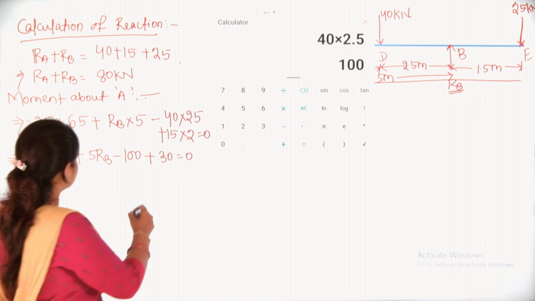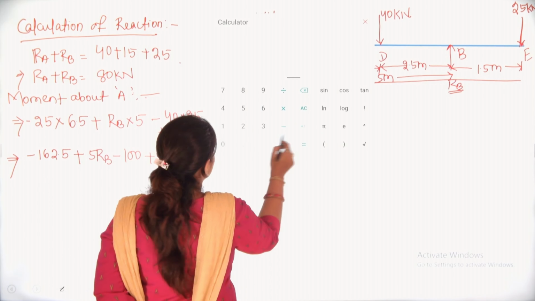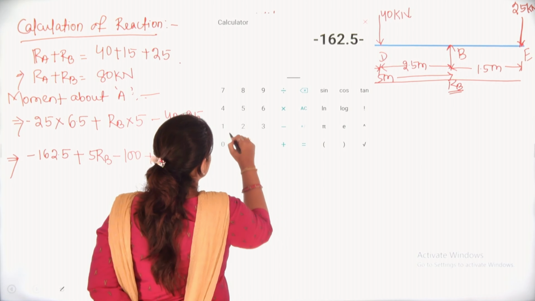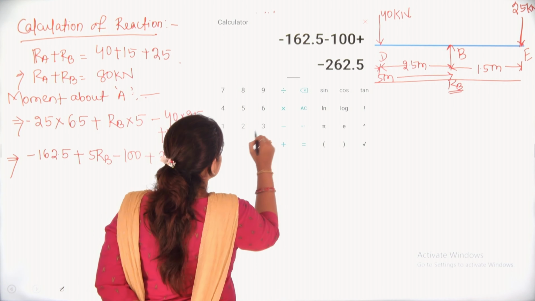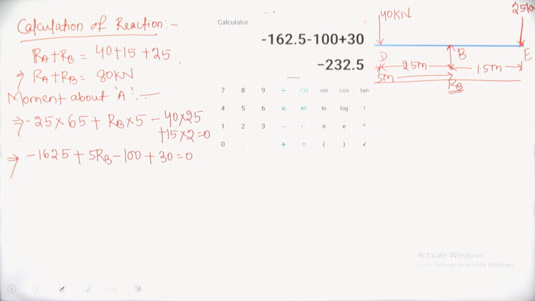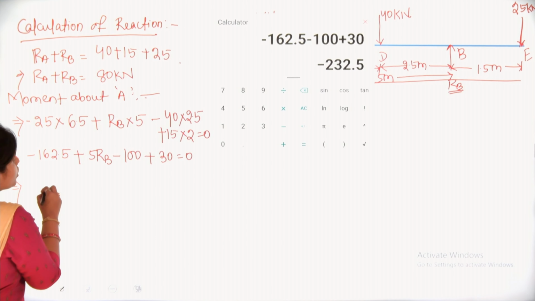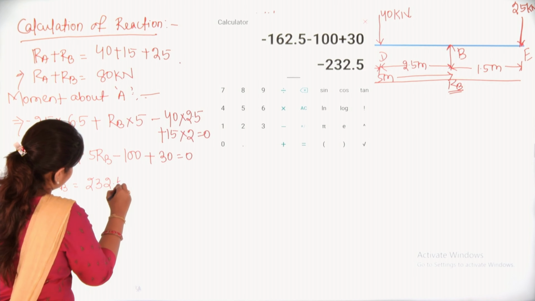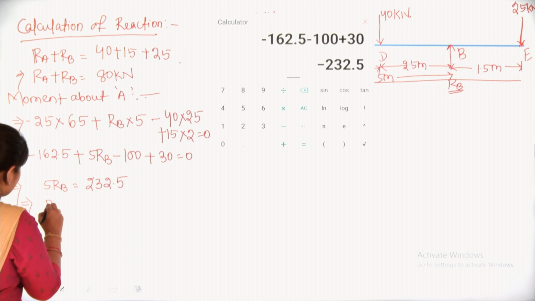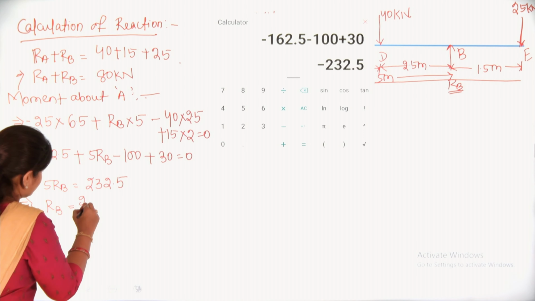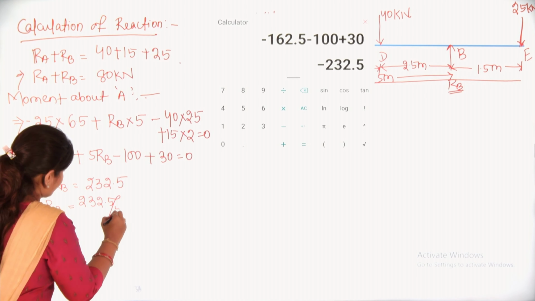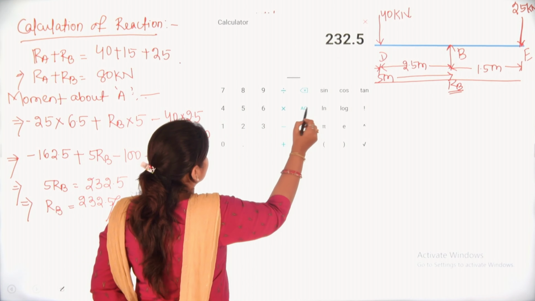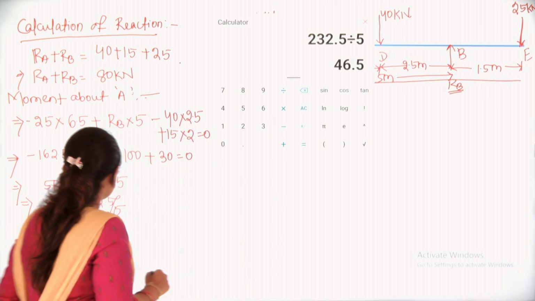So here you will have minus 162.5 minus 100 plus 30. So you can write that 5 RB equals 232.5. RB will be 232.5 divided by 5, which is 46.5.